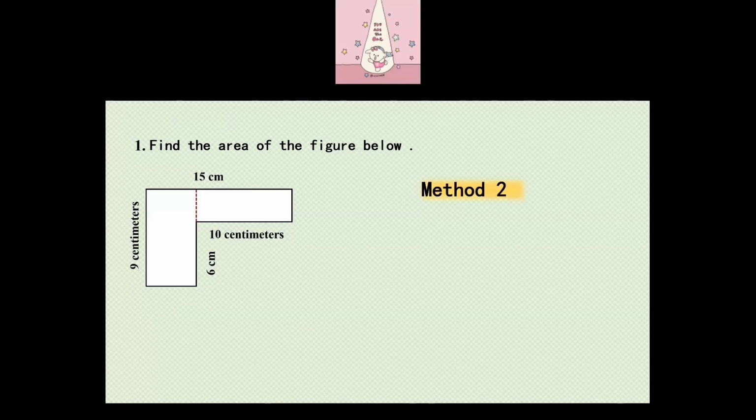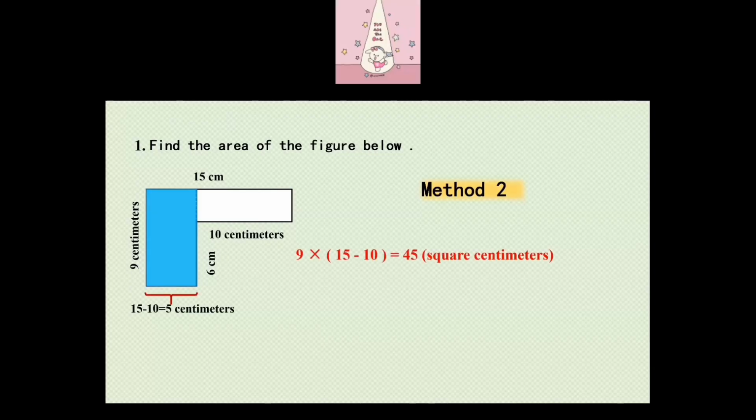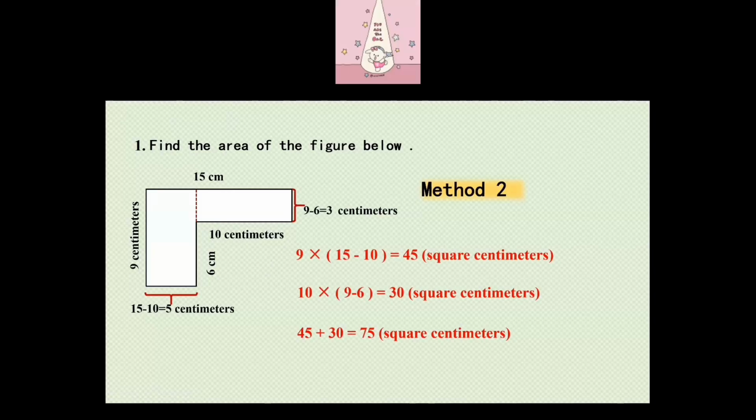We use the big rectangle minus the small rectangle. 15 times 9 equals 135, and 10 times 6 equals 60. 135 minus 60 equals 75 square centimeters.